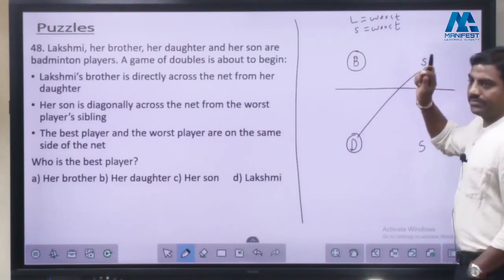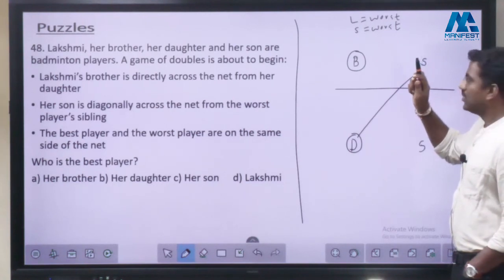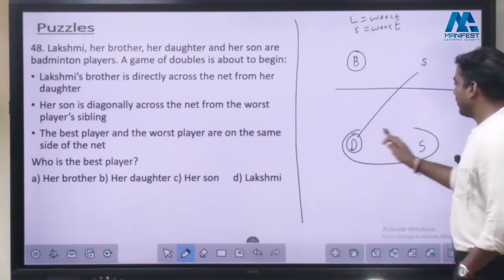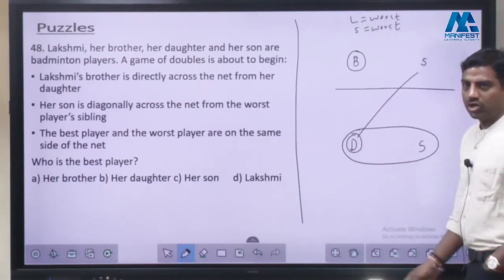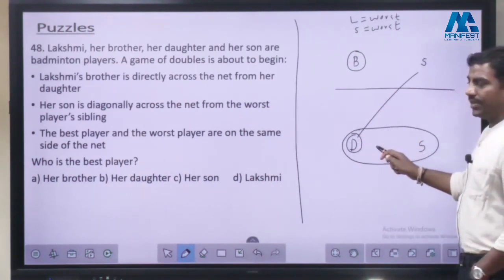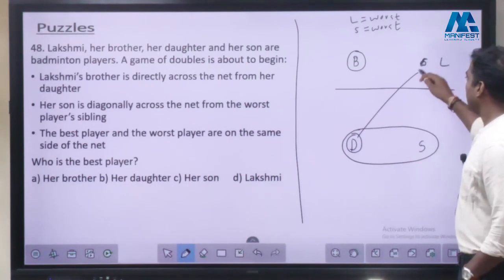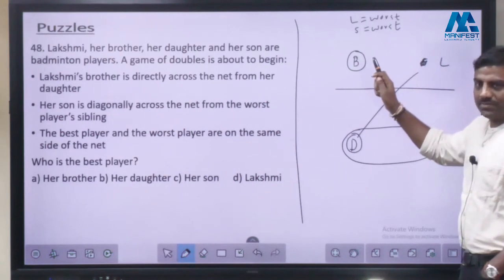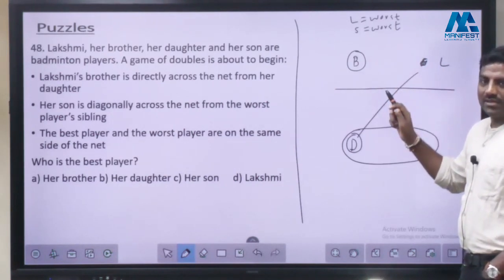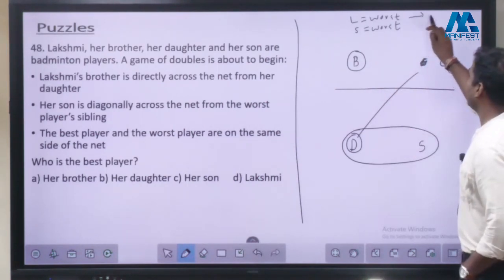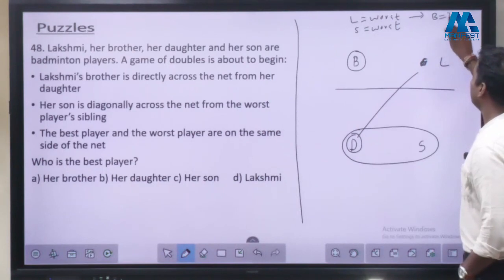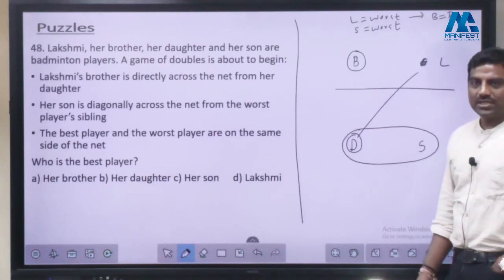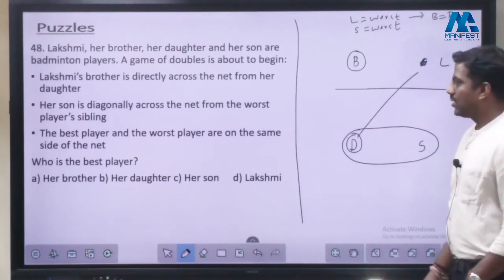Lakshmi is the worst. When the daughter and son are on the same side, then Lakshmi has to come here, and we have already said that Lakshmi is the worst. Who is the best? When Lakshmi is worst, the brother is the best.